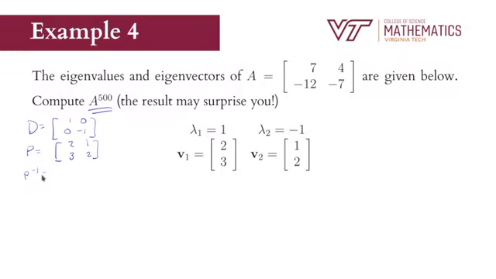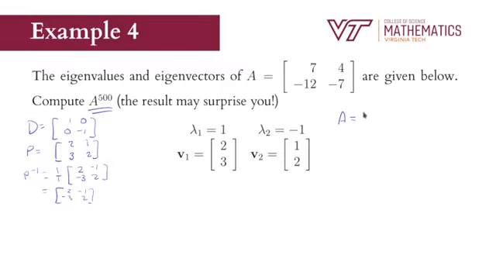So then let's look at P inverse. That's going to be 1 over the determinant. 4 minus 3 is 1, so the determinant is just 1 in this case. The 2's switch places. The 1 and the 3 switch signs. So that's just 2, -1, -3, +2.